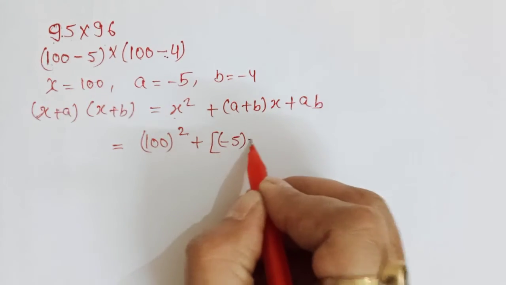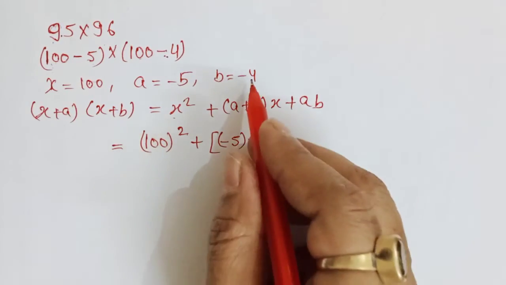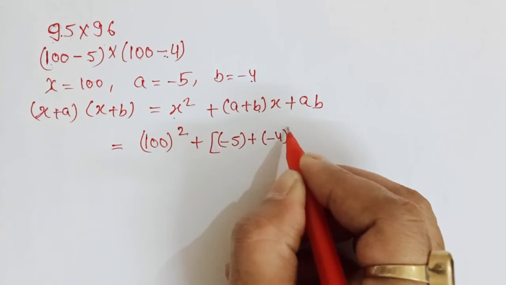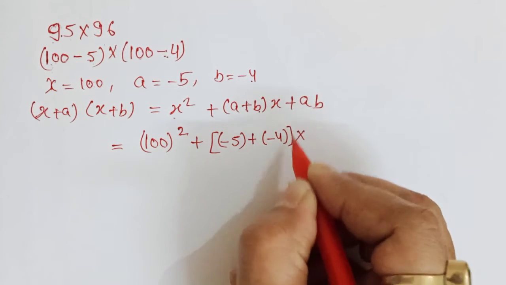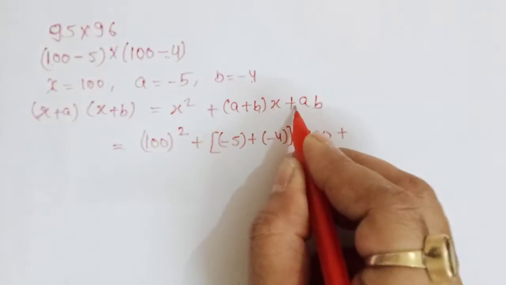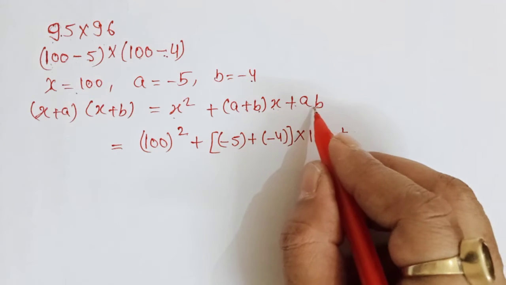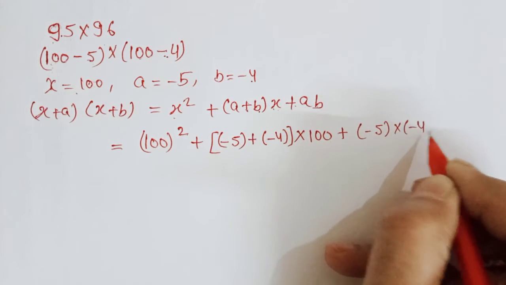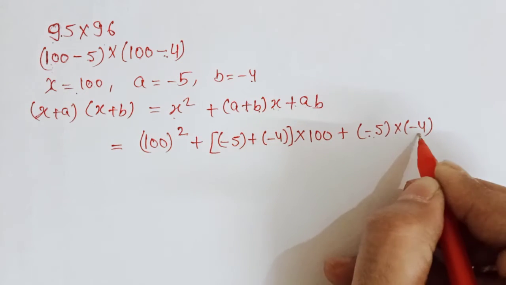Now use this positive sign and put the value of b here. Close the bracket, and outside it is x, and x is 100, plus a multiply b. ab is a multiply b, so we have to multiply minus 4 by minus 5. Minus 5 is a and minus 4 is b.